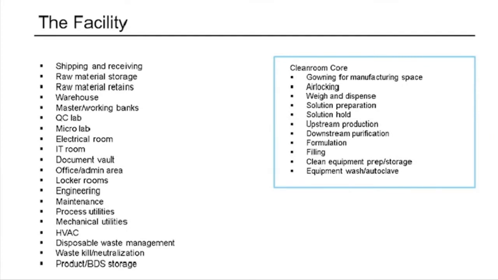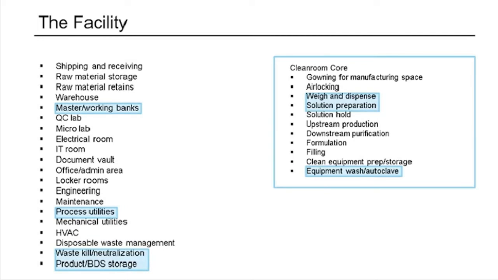Looking at the facility on the whole, both columns here are a list of typical types of spaces or functions that you would see in a classic biotech facility. So not all of these are really needed for cell therapy. Some of them will have greater emphasis, some of them won't necessarily be needed at all.